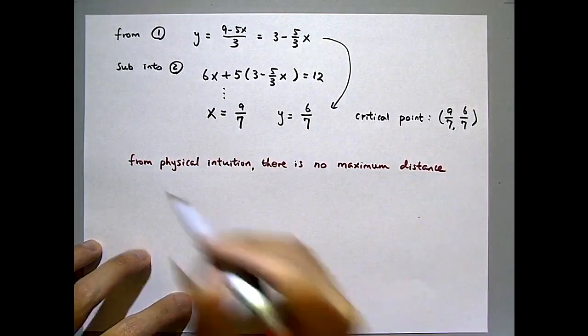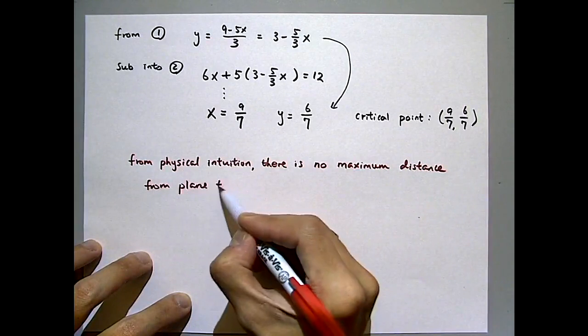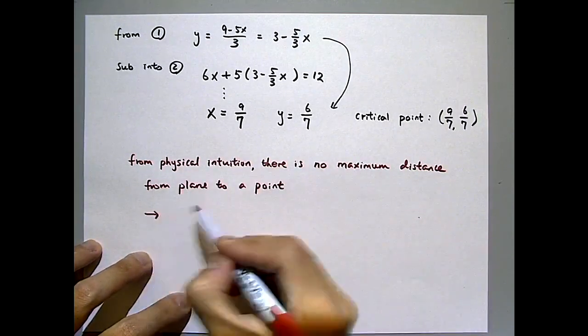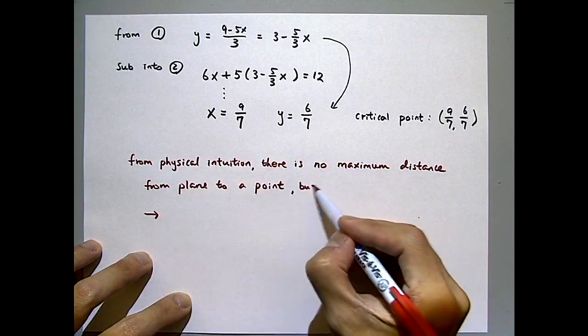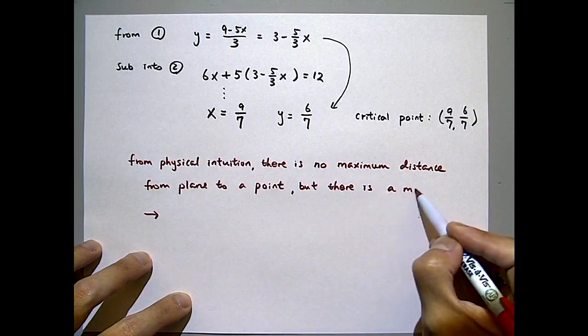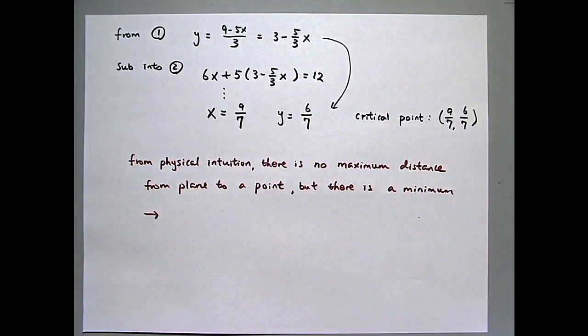There's no maximum distance from a plane to a point. But there is a minimum, which is the point that's directly below. Using my hand and the floor as an example, the point directly below my hand would be the point that's closest to my hand. And we know that's the only critical point we found.